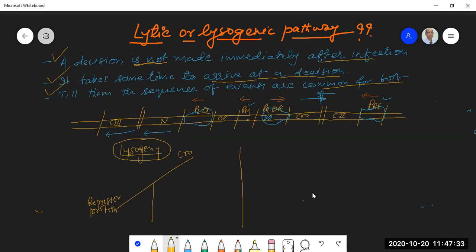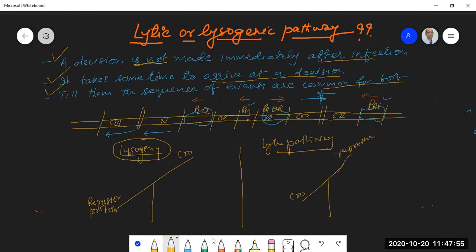And if CRO has an upper hand, then lytic pathway will follow. All right.